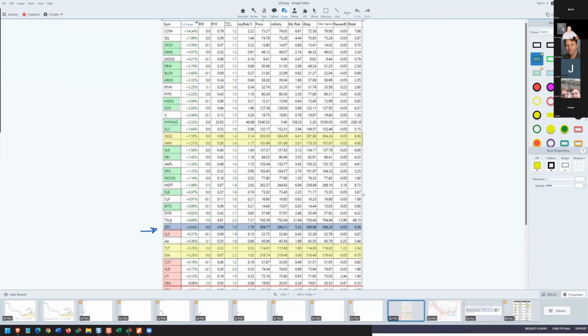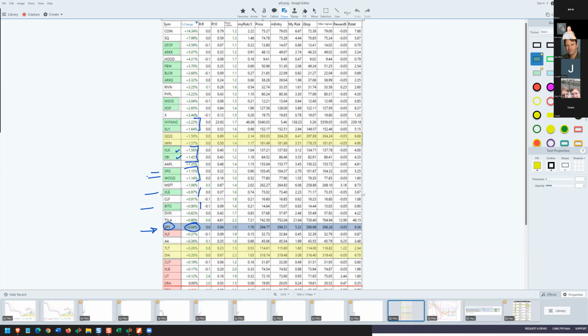What outperformed? Here's the S&P again at 0.64. Bitcoin, energy, wood, and Simon Property Group up 1.15. Tech and S&P Biotech 1.5.